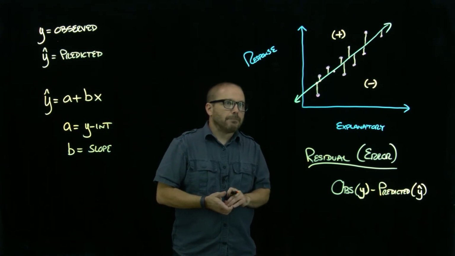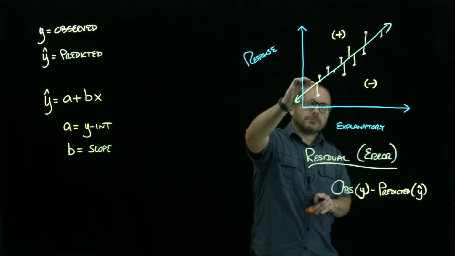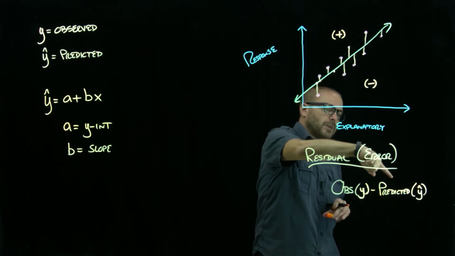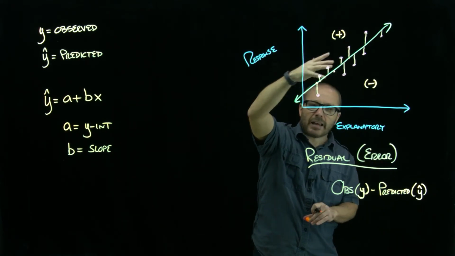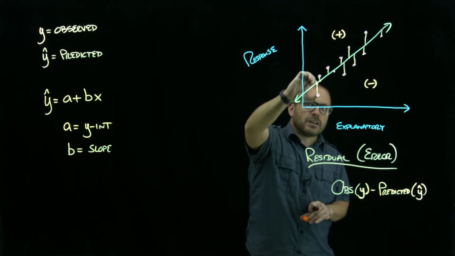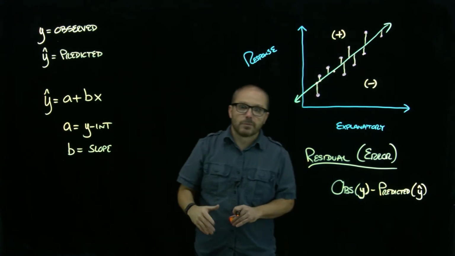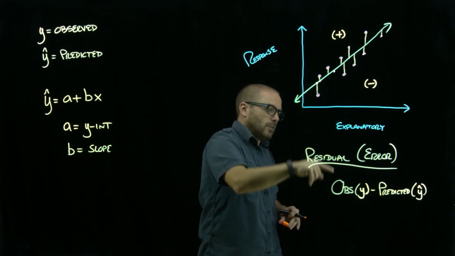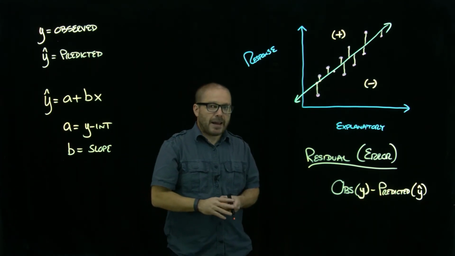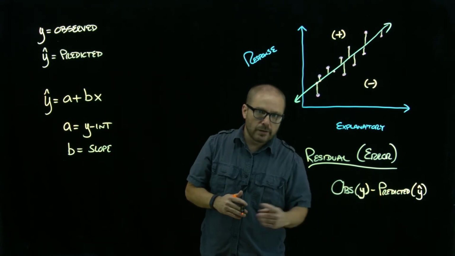So what we're looking to minimize is not just the sum of these residuals, because some of them are positive, some of them are negative, and they would cancel each other out. What we'd really like is how far that is without a sign, so that it was always positive. One approach would be to just take the absolute value of these residuals, and we've seen something like that in our MAD statistic. What we'll do is actually take the difference squared.